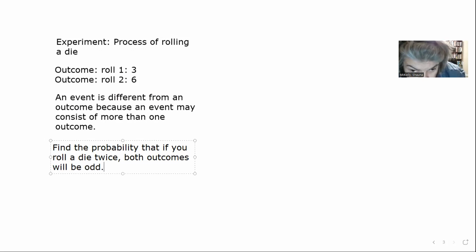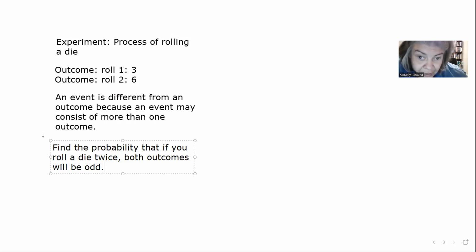Now, we really don't have enough knowledge of probability in this section to answer this question. I'll tell you what it would be, but you're going to learn later how to find this.